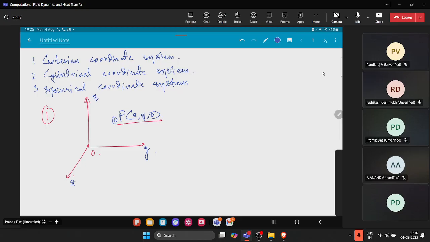Going to this point P, which is a function of x, y, and z, the OP vector points from the origin to the point P. So the OP vector is equal to OR vector i cap plus OS vector j cap plus OT vector k cap, where this is OR, this is OS, and this is OT.